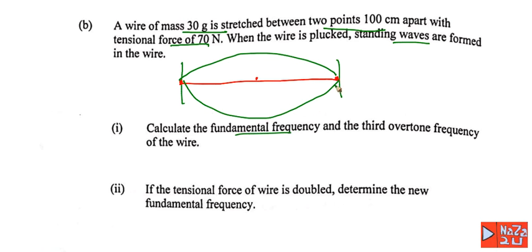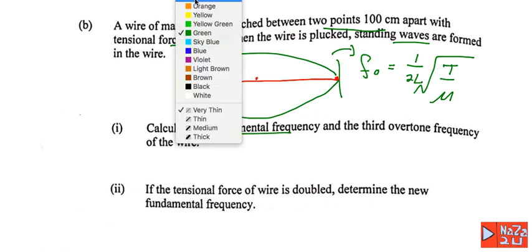For the fundamental frequency of a string fixed at both ends, the frequency is given by the equation f₀ = 1/2L times the square root of T over μ.